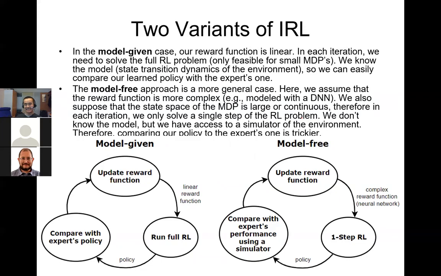So in each iteration, we can only solve a single step of the IRL problem. We don't know the model, but we have a simulator of the environment, so comparing our policy to the expert's one is trickier. Perhaps it's not very helpful just reading the description. Maybe I'll come up with some examples next time.